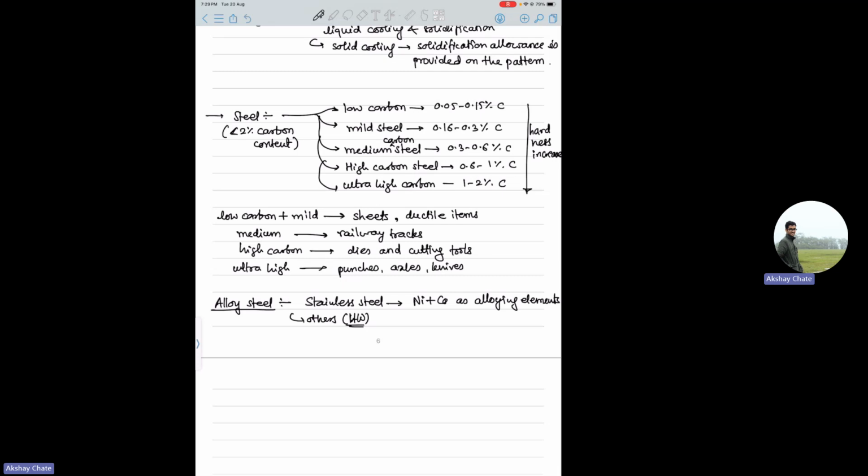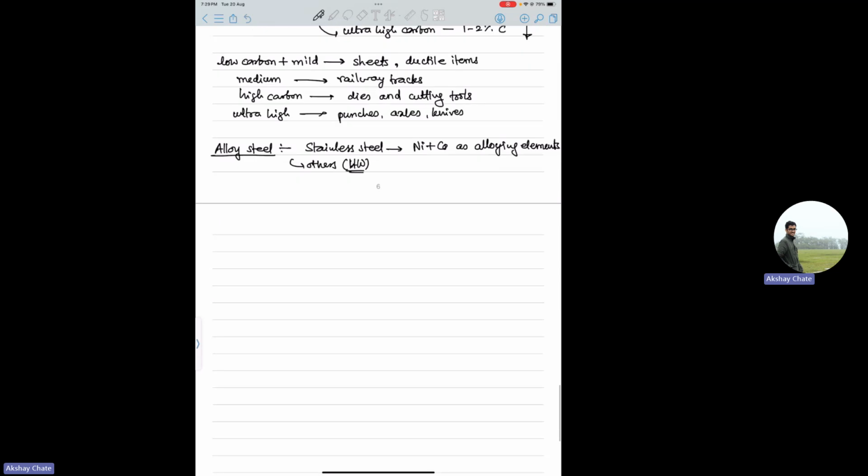And general considerations for casting. First part is, general casting considerations. So basically, this is like common sense practices. First is casting material.